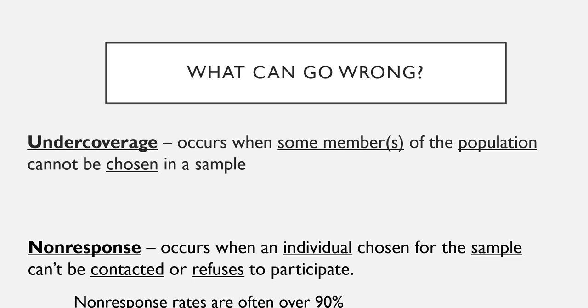A couple things that can go wrong. You can end up with what's called undercoverage, and that's when some members of the population cannot be chosen. A classic example here would be using a phone book to call people with a survey.